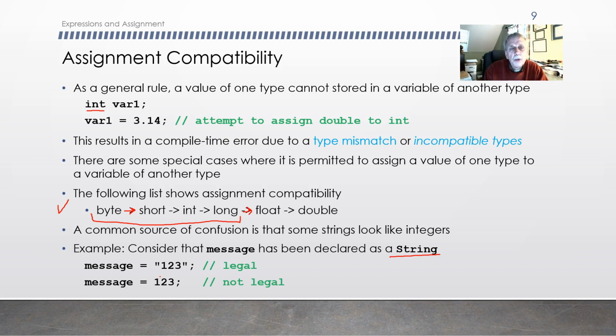Here, this would be something done explicitly. We tell the system to do this conversion. But when it comes to automatic conversion, there are not many times that it's going to work the way you would want it to. In fact, it may not work at all. Therefore, you want to keep this in mind, that this would not be legal. Putting something of one data type, assigning it to storage that's designed to hold something of another data type.